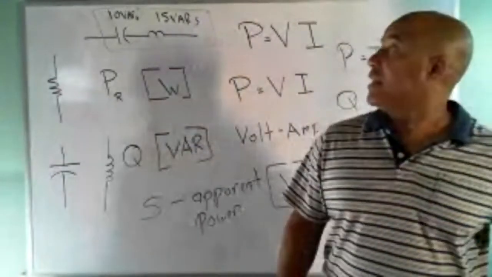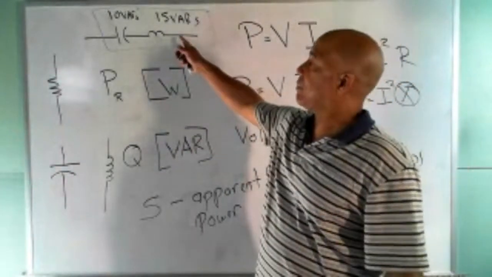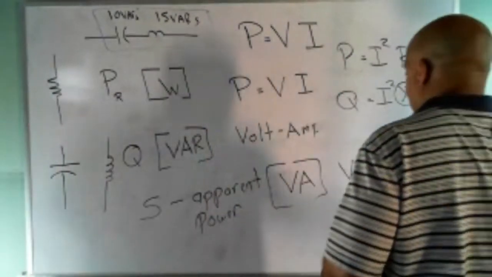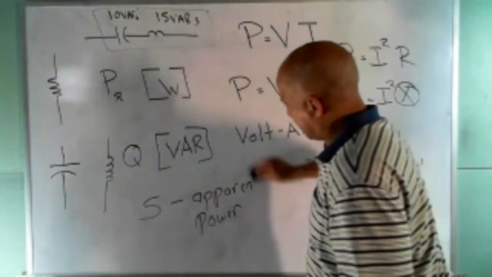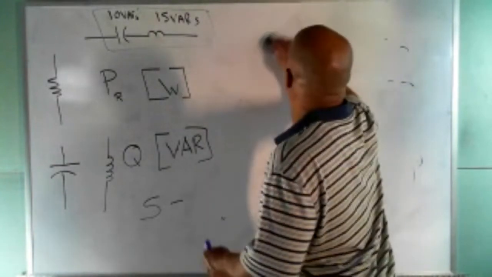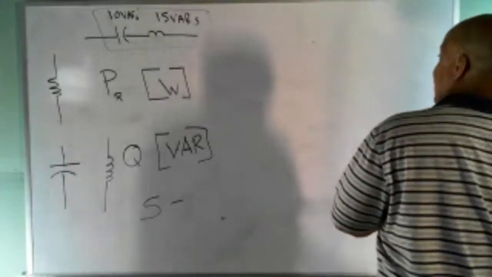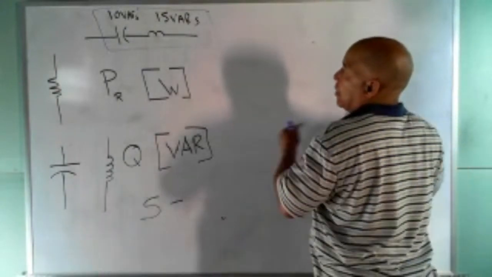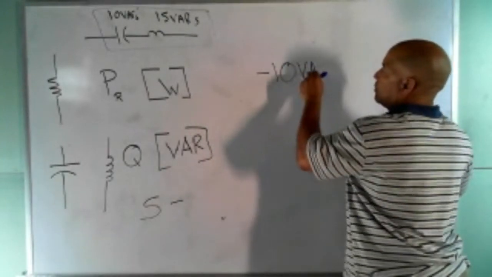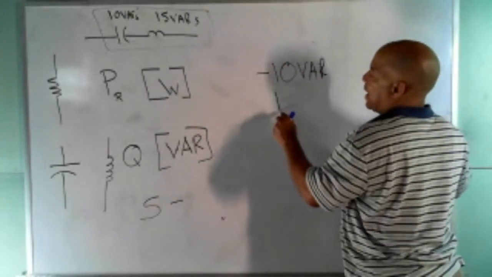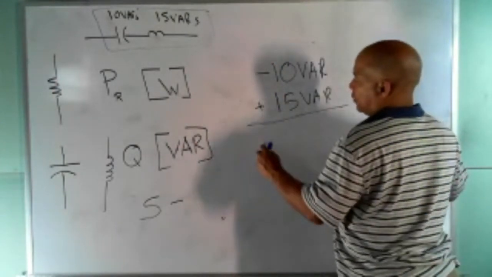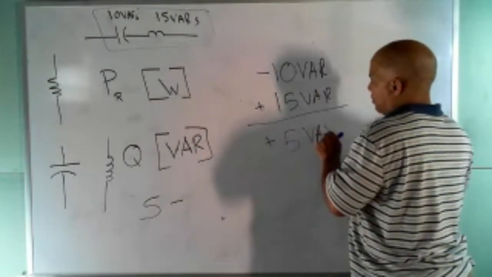What that means is, let's say you go back to this. There are two ways to show the solution for the total power. I can say I got a negative 10 VARs, and I got a positive 15 VARs, so my answer is a positive 5 VARs.